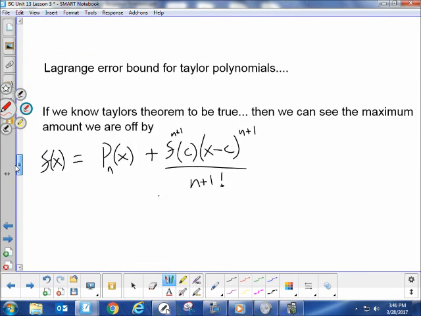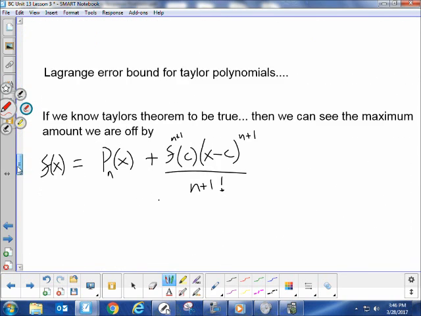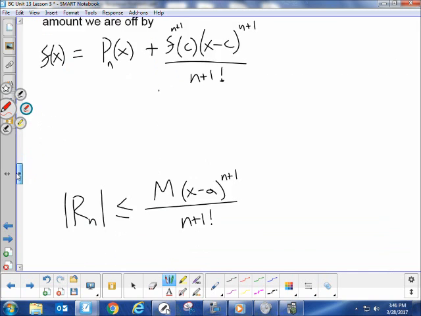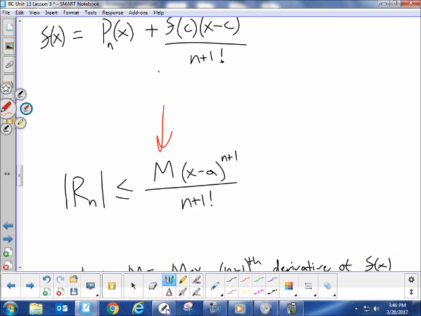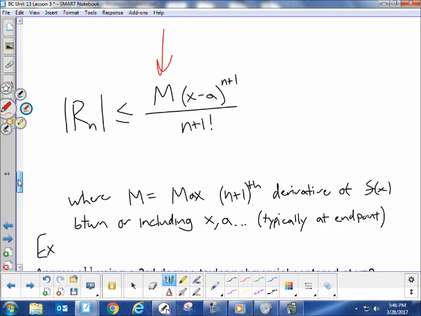This is the basis of the lesson, the Lagrange error bound. We know Taylor's theorem, Lagrange's theorem to be true. We could see the maximum amount we are off by if we know what this is. This is Lagrange's error bound.